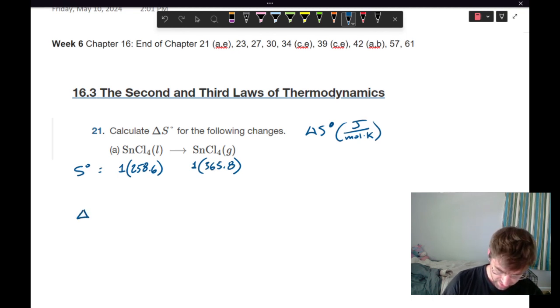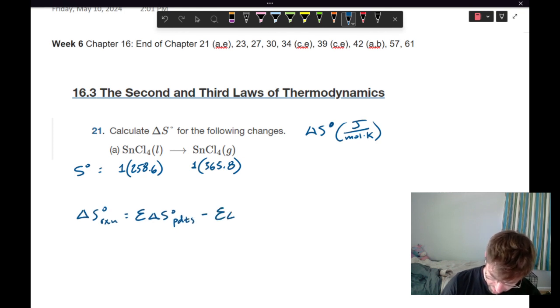So in this case, the total change of the reaction at standard conditions is the sum of the standard entropies of products minus the sum of the standard entropies of reactants.